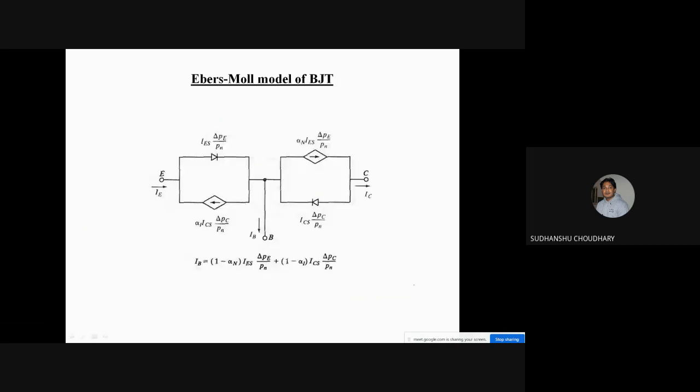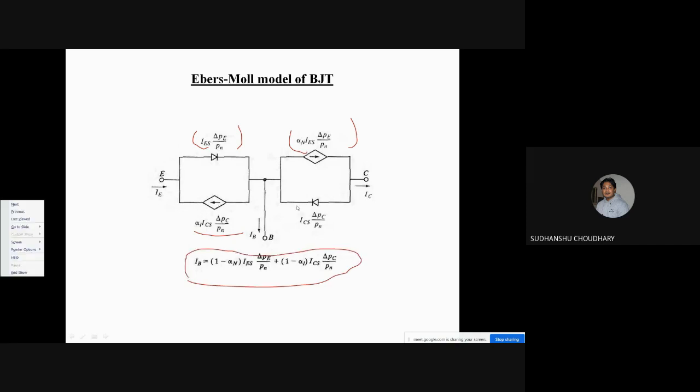So we'll read about this Ebers-Moll model. I have included a picture over here for your reference. What does this picture mean? What are these numbers here, right? What are these equations? What are these arrows representing? We'll understand very soon. Okay, and how this base current comes to be this value, we'll understand very soon when we talk about this Ebers-Moll model of BJT.